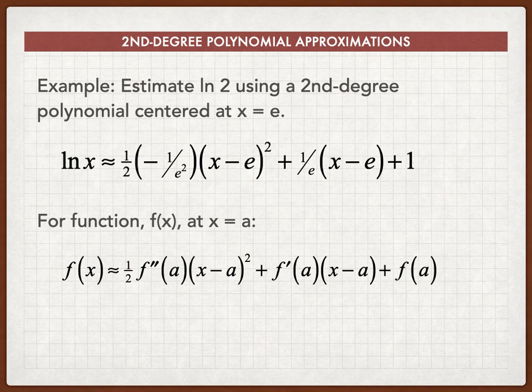In generalizing, for a function f at a, 1/2 f double prime at a times x minus a squared, plus f prime at a times x minus a, plus f at a. Okay, where did that 1/2 factor come from? Remember, we differentiated a square term.